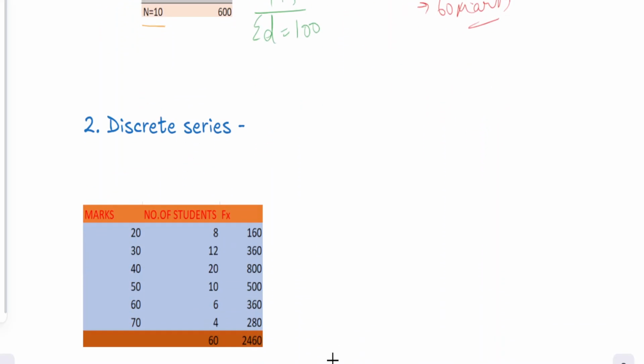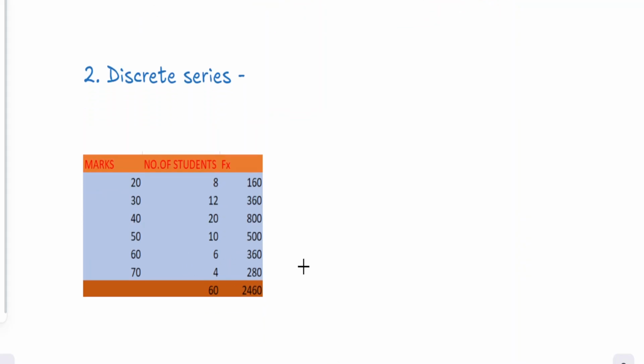Let's discuss the discrete series also. Now in discrete series, the formula goes something like this: x bar is equal to a plus summation fd divided by summation f. As we are aware, summation f is basically the 60, which is the sum of this value. Now we have to assume any value.